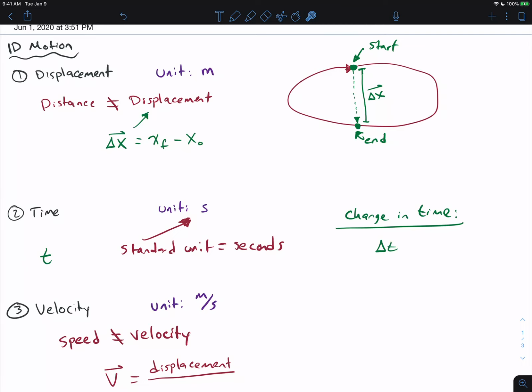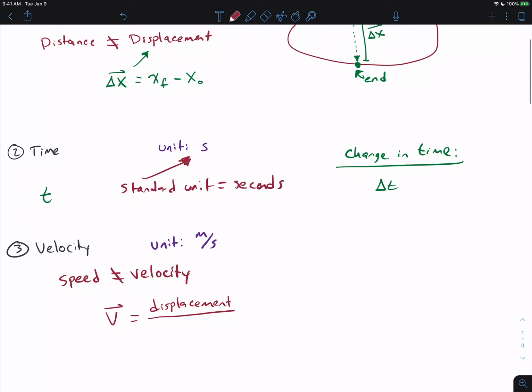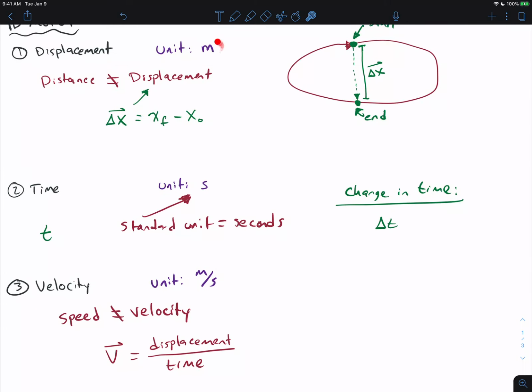Yes, I moved faster, but some of that velocity is going to cancel out because some of it is positive, some of it is negative, right? So it ends up being actually very simple in that the way we use it is just how far did I go, what is my displacement, divided by how much time did it take. That's why this unit here is just combining my two standard units, my displacement over time, meters over seconds.